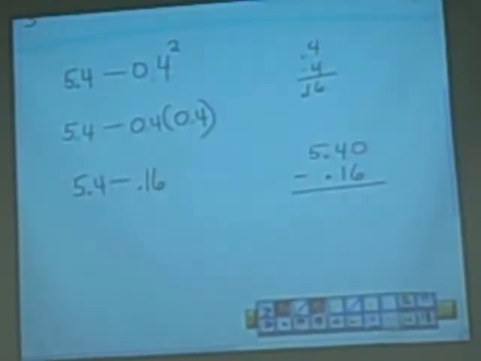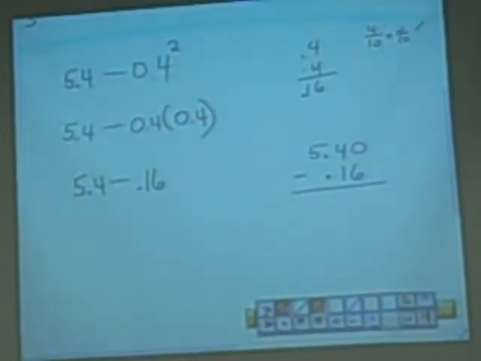Isn't it supposed to be 16,000 because you have 2 decimal places? Yeah, because you're moving it 1, 2 places, right? So that's like, if you were to write this as a fraction, that would be like saying 4 over 10 times 4 over 10, right?